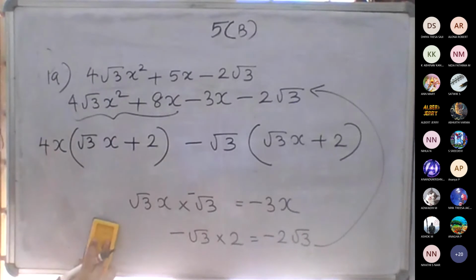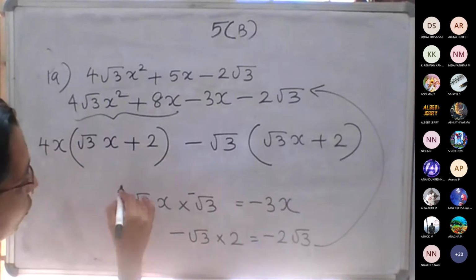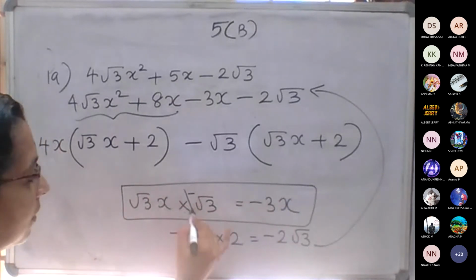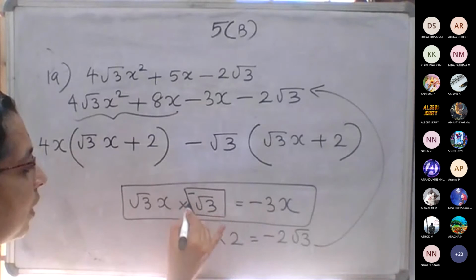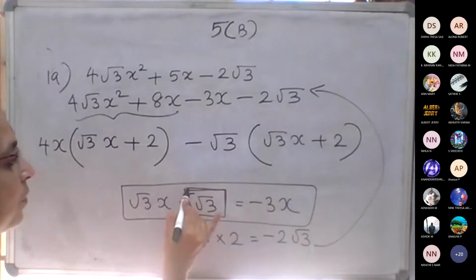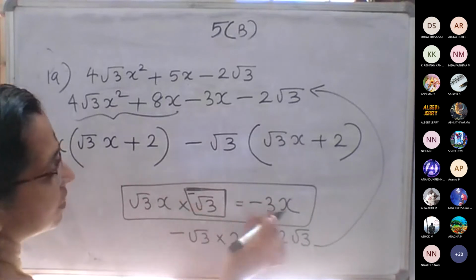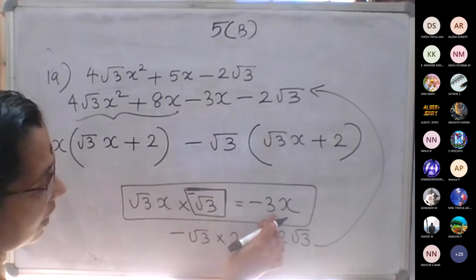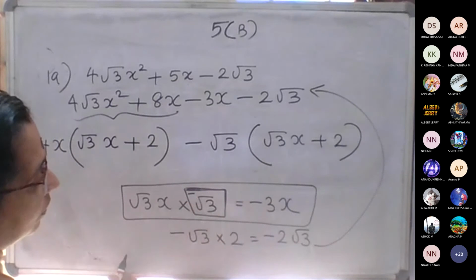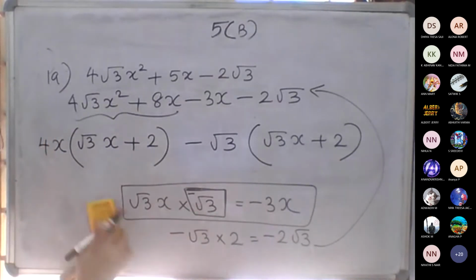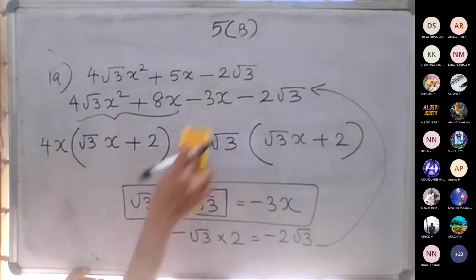Is it okay now? So do this in the working column. This we have to fill, so write this in a box. Root 3x into dash, we don't know, is equal to negative 3x. So this we have to substitute: negative root 3, then only we will get negative 3x.